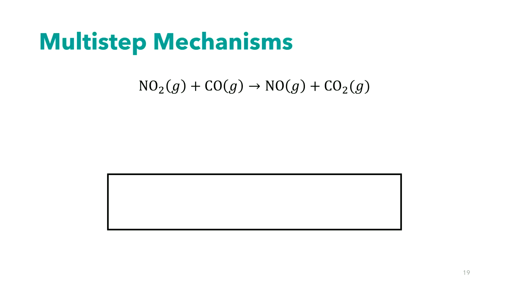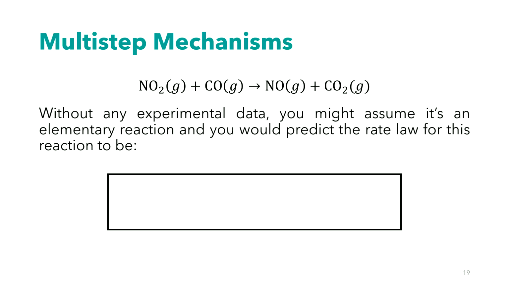All right. So let's do this for an actual reaction. We are looking at NO2 and CO reacting to form NO and CO2. Without any experimental data, you might assume that this is an elementary reaction.